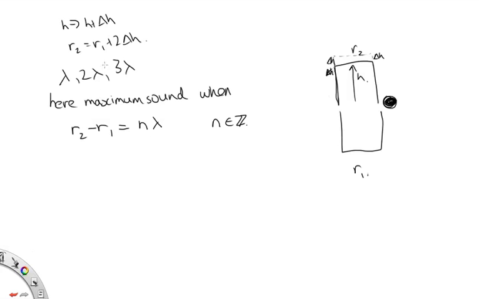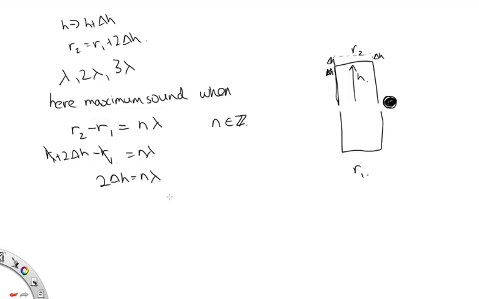And now R2, we've said, is R1 plus 2 delta h, and then minus R1. And so these R1s cancel out. So when 2 delta h is equal to n lambda, where delta h is the change in height, we end up with a maximum.